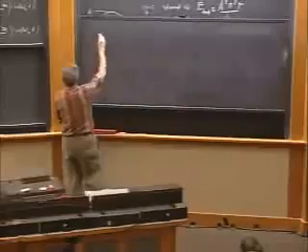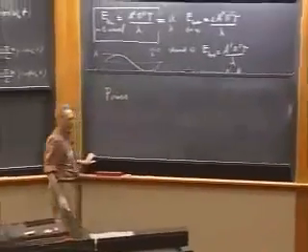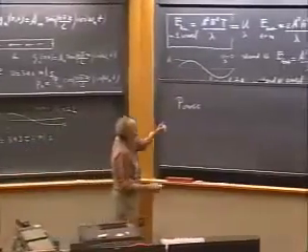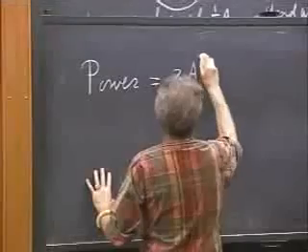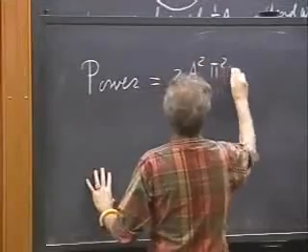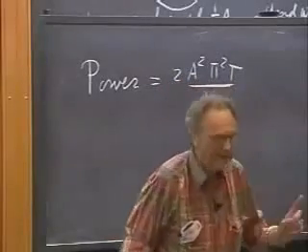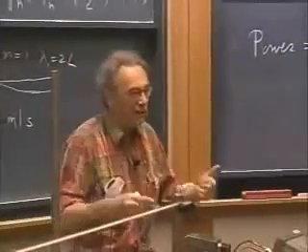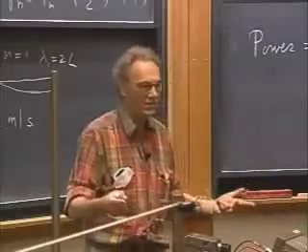And so I can now very easily calculate for you the power to generate a standing wave. That is utterly trivial, because the energy in the standing wave is 2 A squared pi squared T divided by lambda, and all I have to do now is to divide it by the time that it takes me to generate one oscillation. So that's the period of the oscillation.